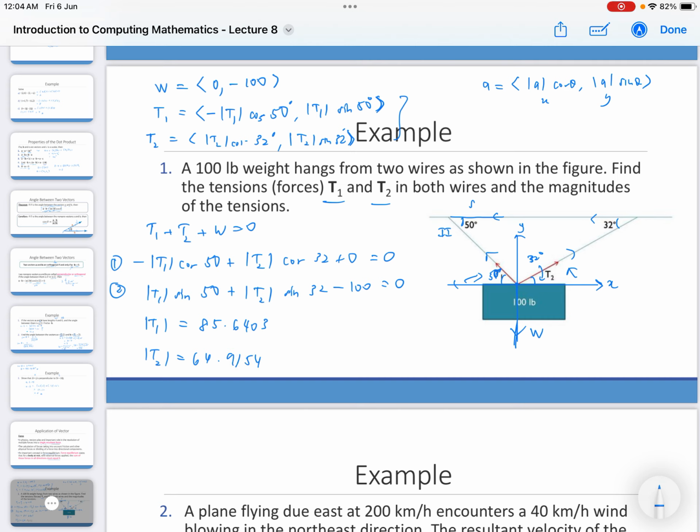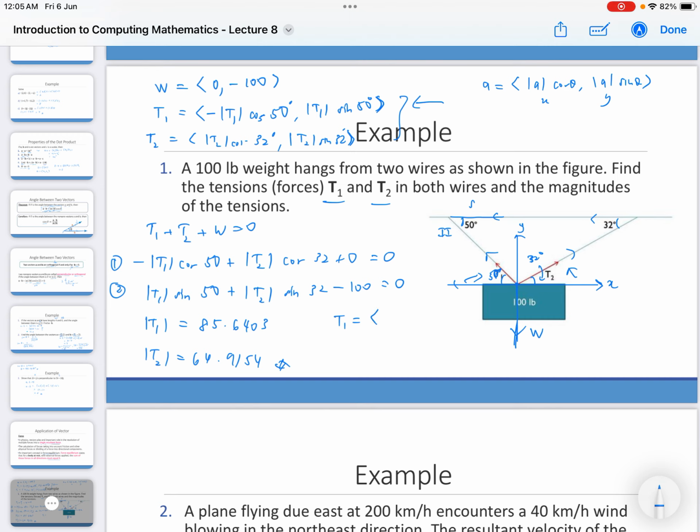So we already found the magnitudes of the tensions T1 and T2, and then we need to find the tension forces, the vectors T1 and T2. Once we find the norms of T1 and T2, we can substitute back into the expressions we already defined, and we get the vectors T1 and T2.